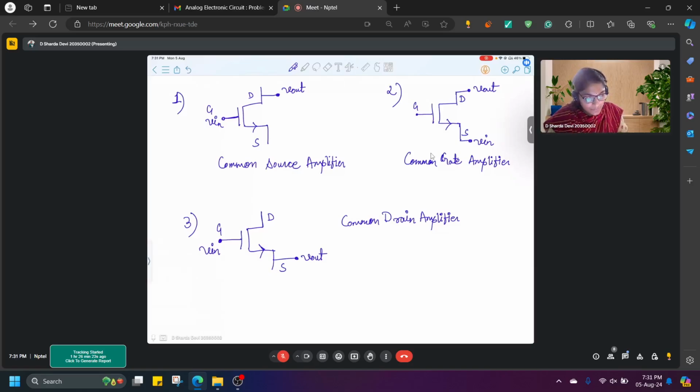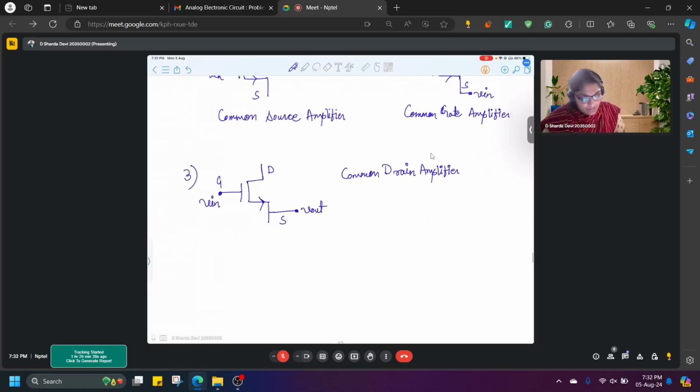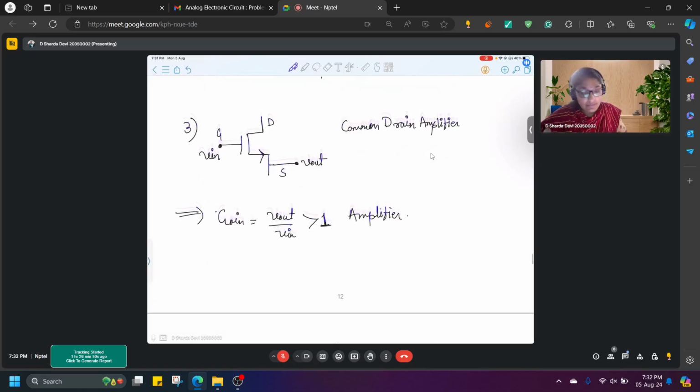So what do you mean by an amplifier? What should happen if there is an amplifier? There are two things, right? If the gain, that is V out by V in, is greater than 1, then it is an amplifier.